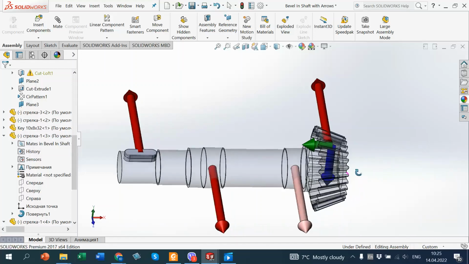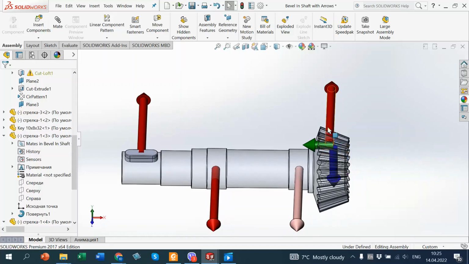And you see that tangential force is perpendicular to the axial force and radial force. That's why it is better to consider separately the influence of forces, action of forces Fa and Fr in one plane, and Ft and Fc in another plane.